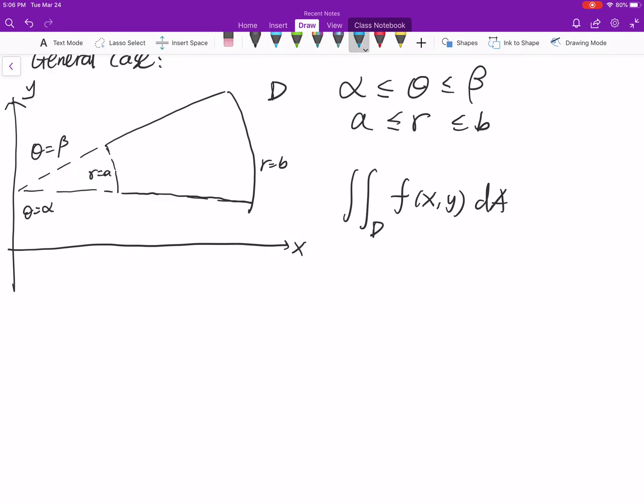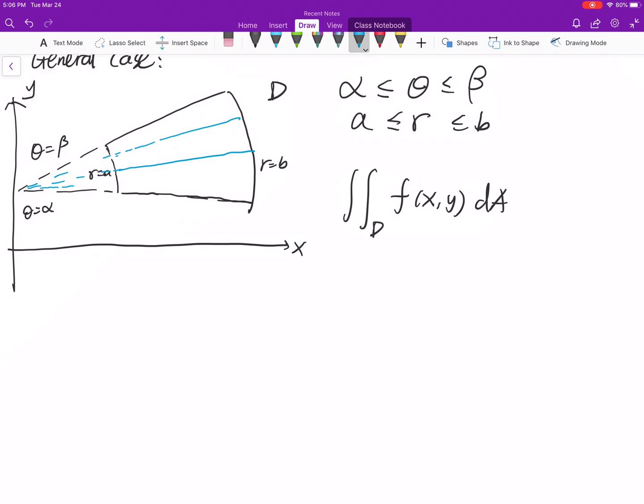Okay, then the idea for the proof of the transformation is we cut the domain into small pieces. Instead of drawing lines along the x and y direction, we draw lines along the radius direction.